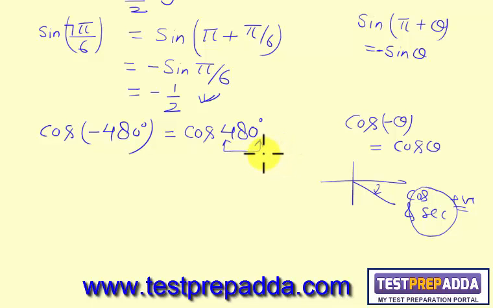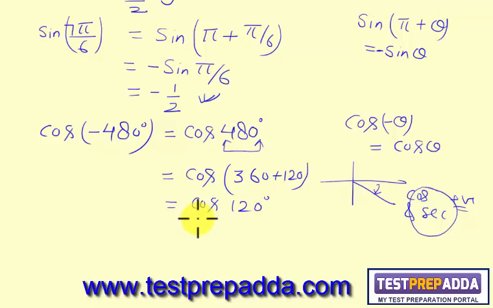If it is given in radians, we will subtract 2 pi. 360 degrees means 2 pi radians. So here we will subtract 360 degrees. And if we do that, it becomes 480 minus 360, or better, you can write this as 360 plus 120, which will ultimately be cos 120 degrees.